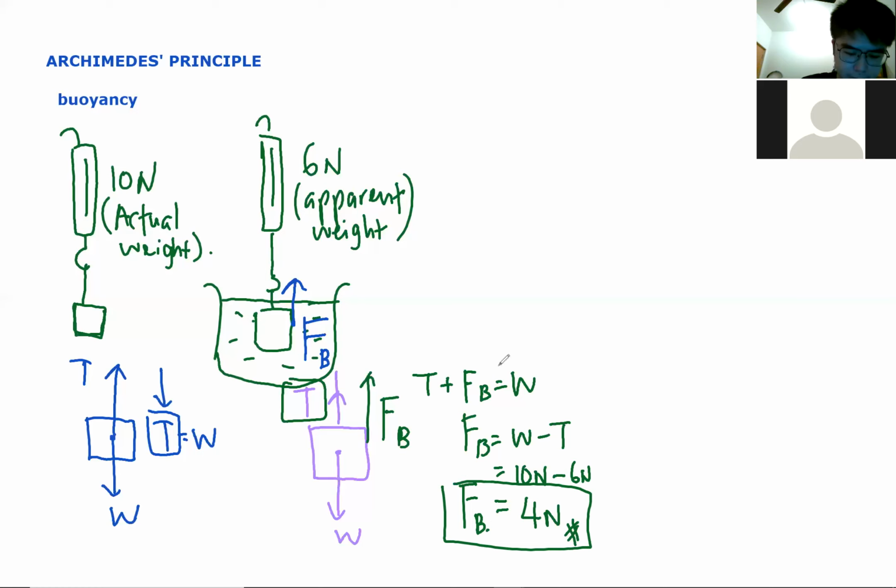Now, another way to look at buoyant force is when you are swimming. When you swim, you feel that your body is lighter, because the buoyant force is acting on your body. When you come out of the swimming pool, you feel your body getting heavier and heavier.